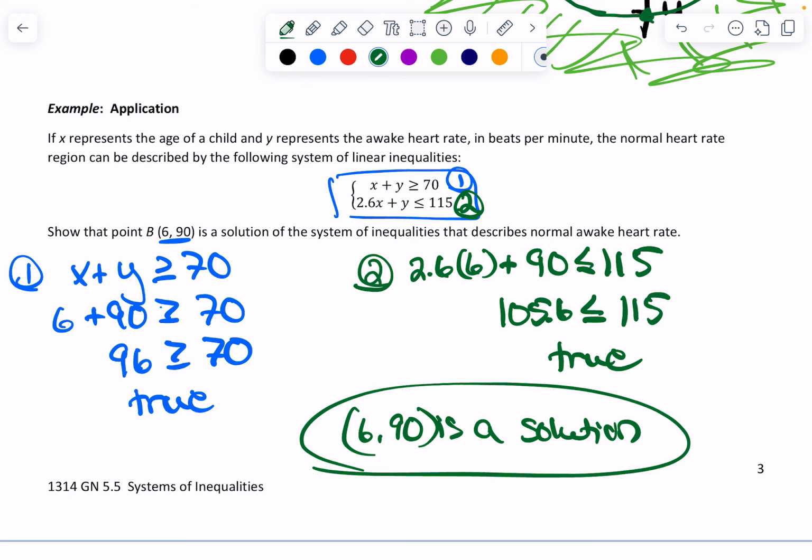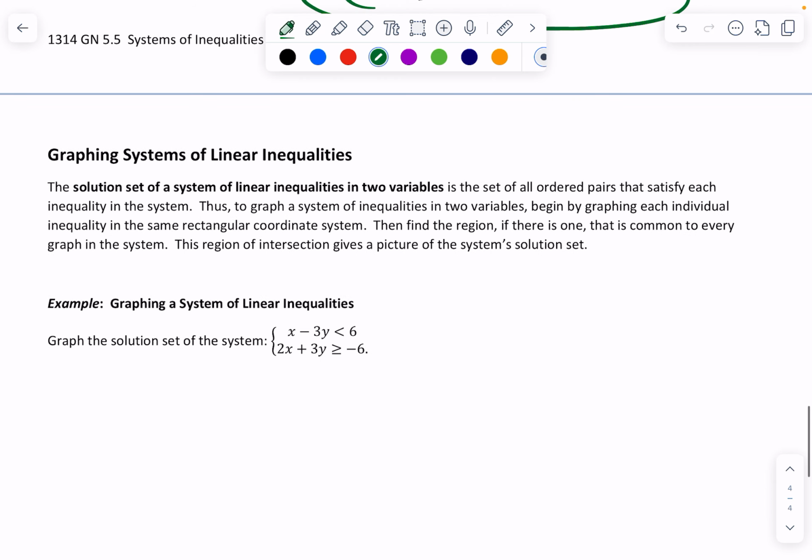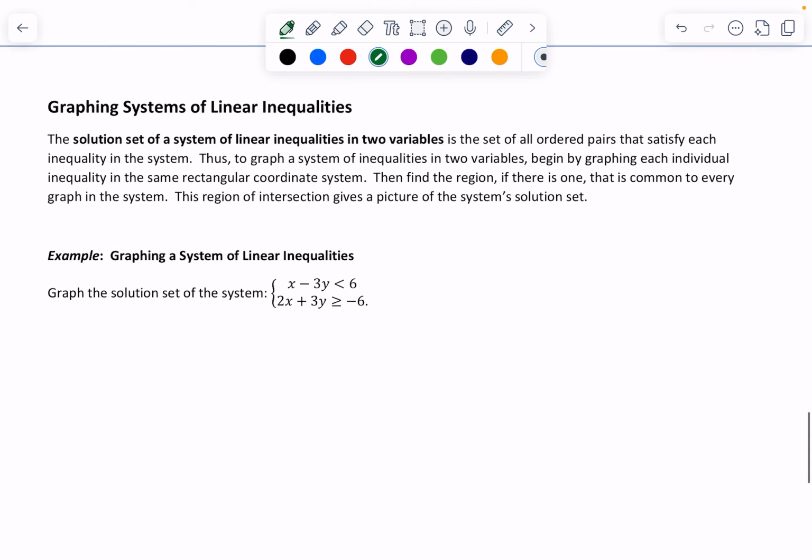Okay, next thing we're going to do is graphing systems of linear inequalities. So now we've only been graphing one inequality at a time. Now we're going to do a system. So the solution set of a system of linear inequalities in two variables is the set of all ordered pairs that satisfy each inequality in the system.